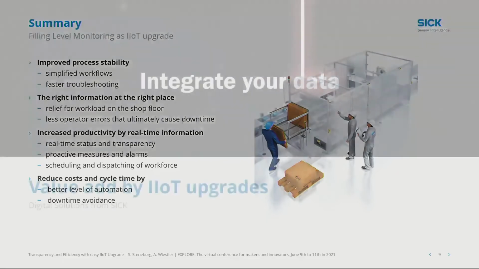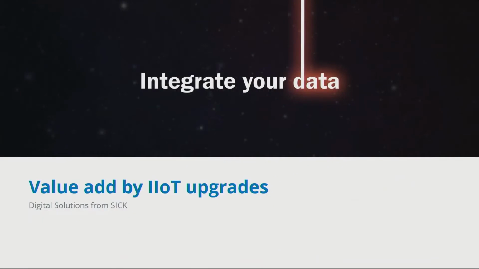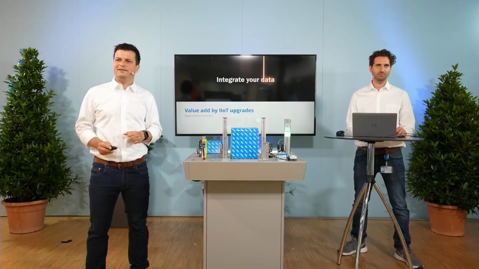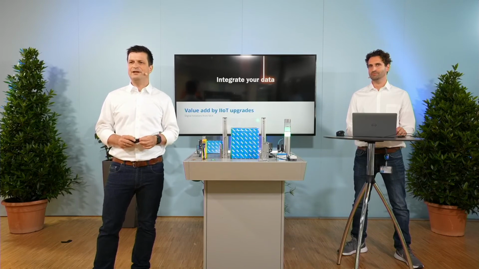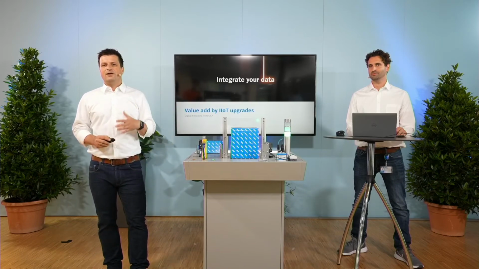So now you have seen what a real solution would bring, what the benefits are, but now let's take the 30,000 feet perspective of that type of solutions, because there will be many around the manufacturing industry. The value add by IIoT upgrades is also somewhere else on a higher level.